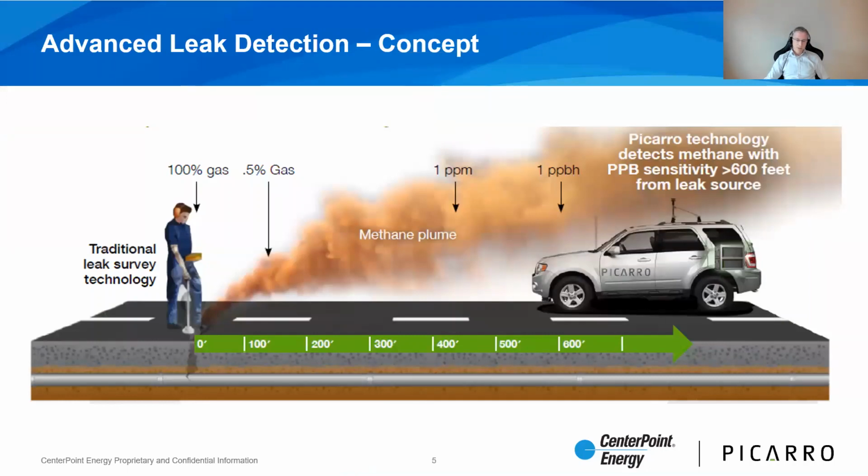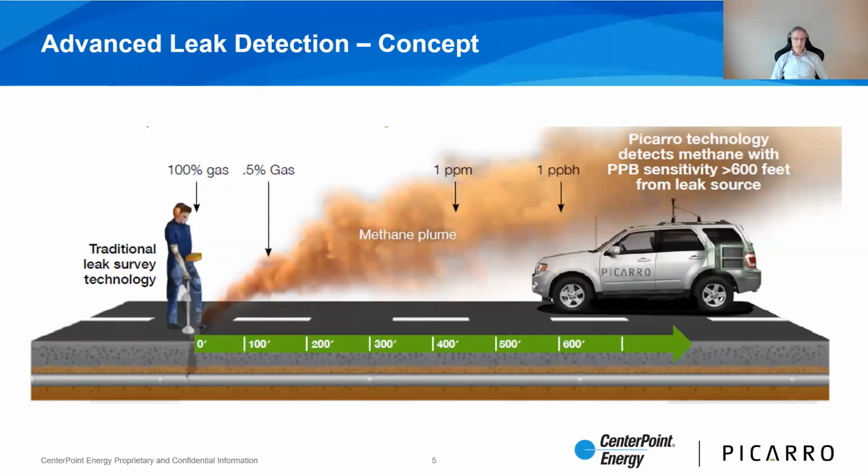To understand the concept of ALD, let's look at this graphic for a second. I think it illustrates the point. In any distribution network, fugitive emissions coming from methane plumes tend to appear in a stochastic or random fashion.